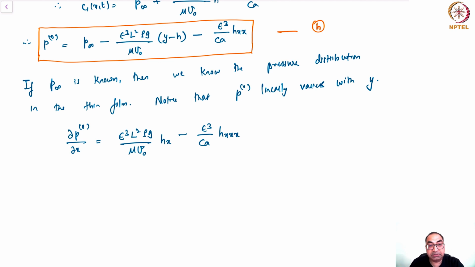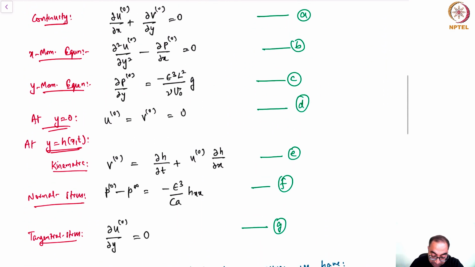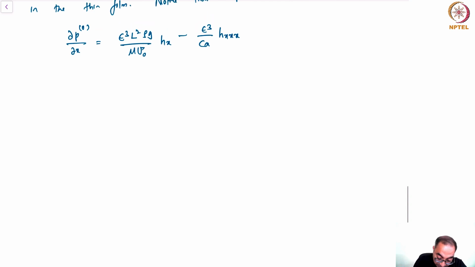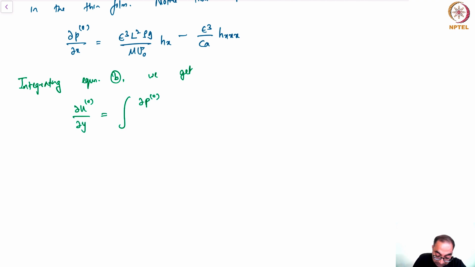The reason I need this variable is because del p0 by del x appears in the x momentum equation. I can now integrate the x momentum equation, that is equation B. We get del u by del y will be the integral of the pressure gradient dy.